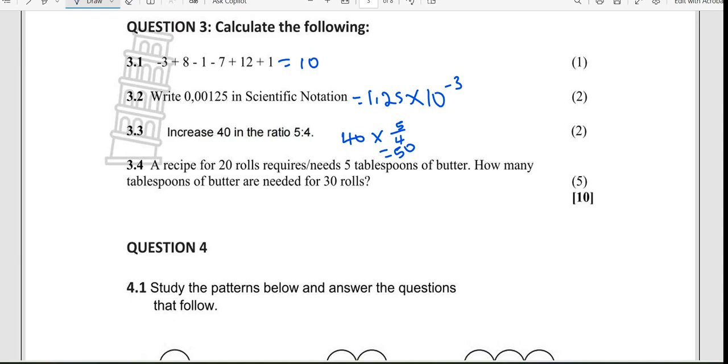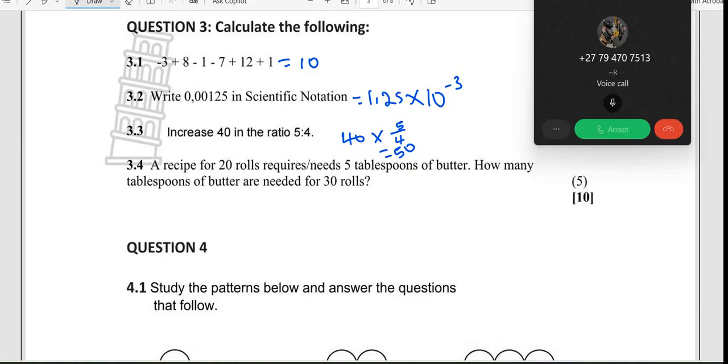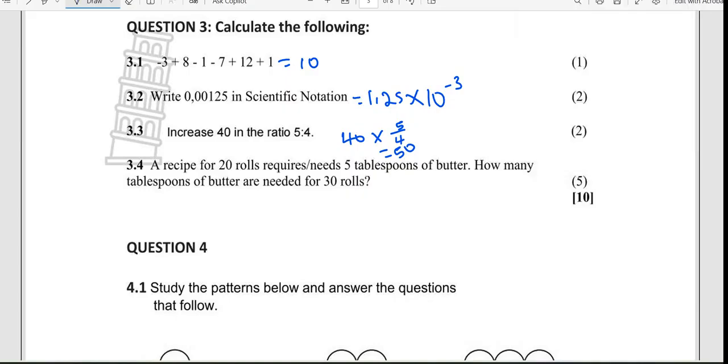Okay, let's write this down. So a recipe for 20 rolls needs only 5 teaspoons, right? Listen attentively to these questions so that you won't be confused. So I know that it's going to be 5 over 20 because 20 rolls needs 5 teaspoons.